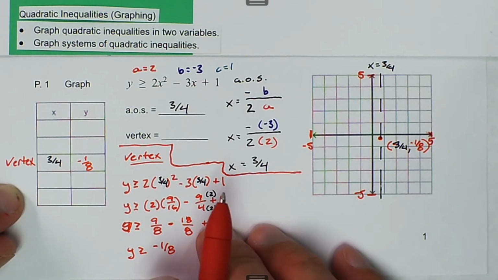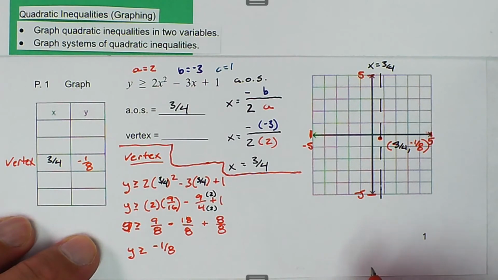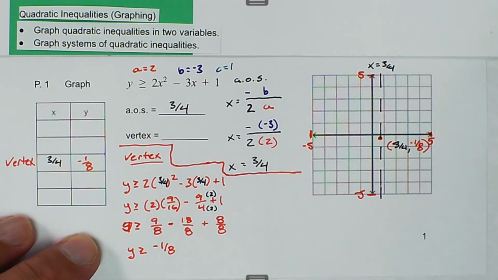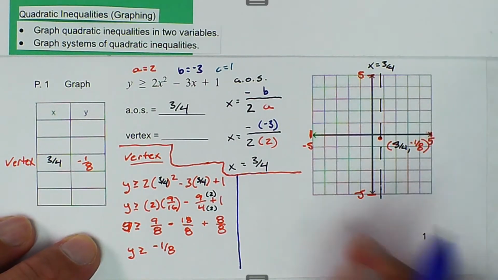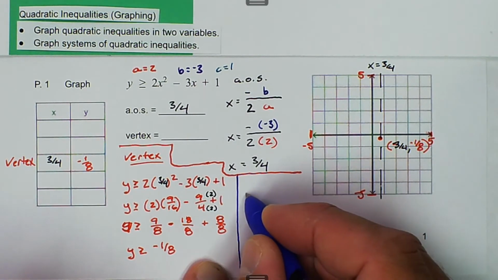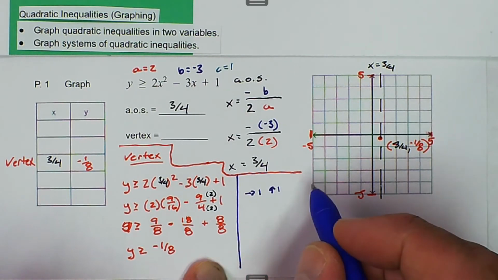So when we go to graph this, I like to graph it by paying attention to what the a value is and comparing it to the parent function. The parent function says if we go to the right 1, then we go up 1.